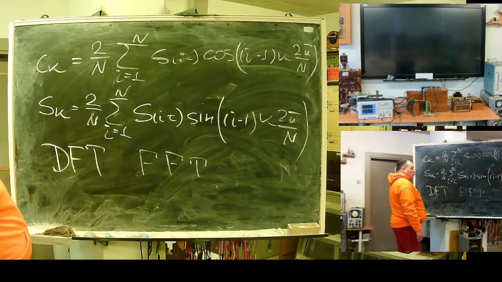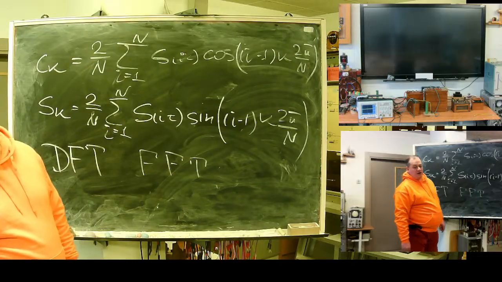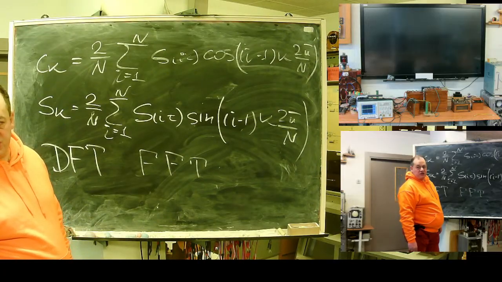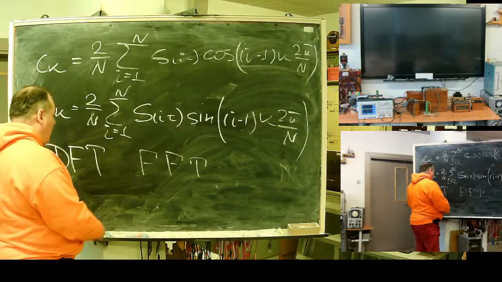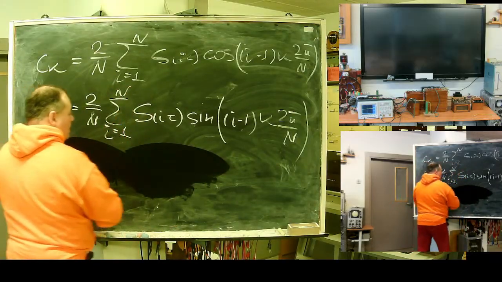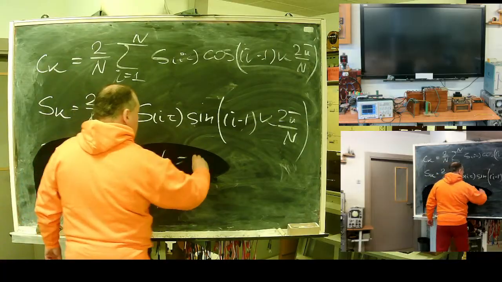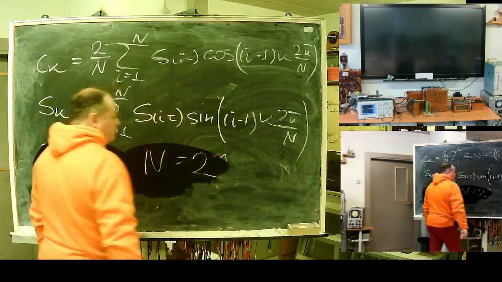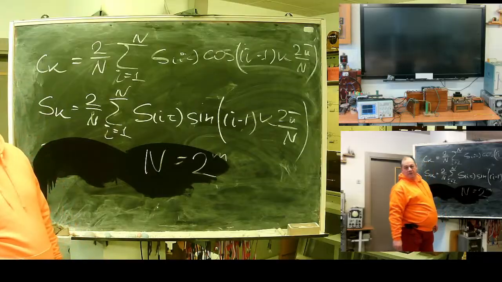But there is one important moment. All fast Fourier transform versions require n being a power of 2, or the symmetry does not work.